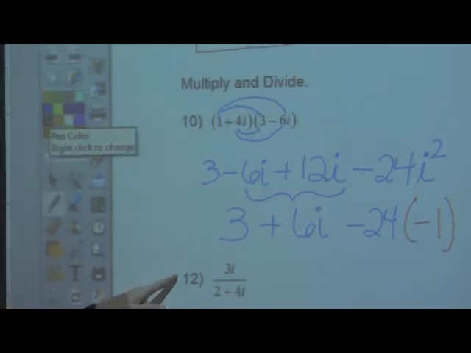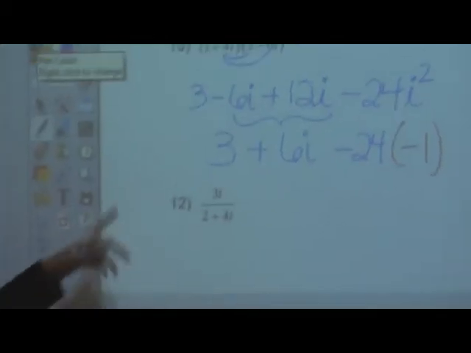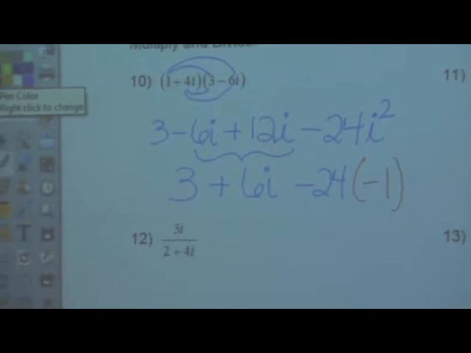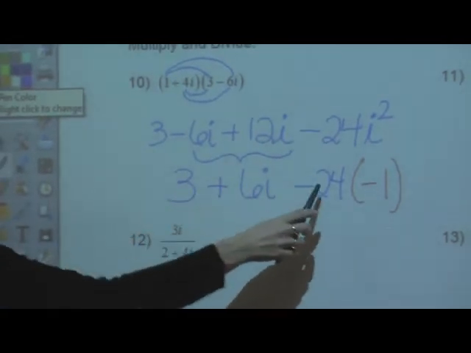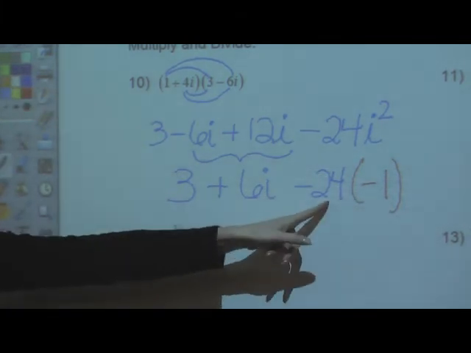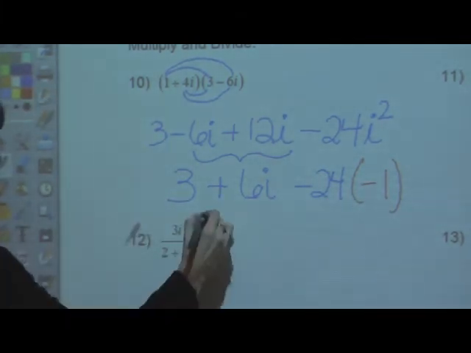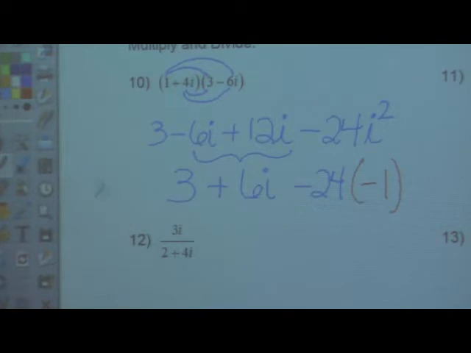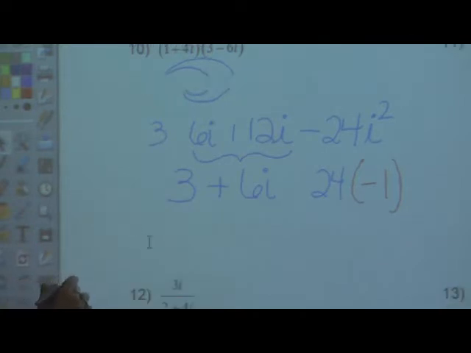Let's see, if I could get somebody to scroll this down, we'll keep going. Now, if I have a negative 24 times a negative 1, that'll give me a positive 24. So I have 3 times, hang on one second, let's get this moved down. Thank you.